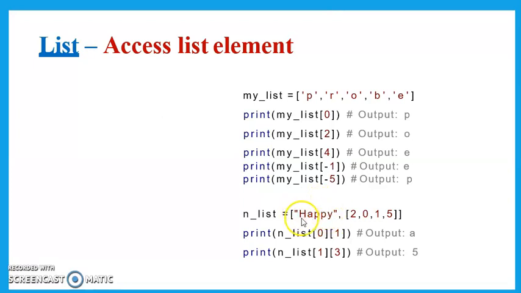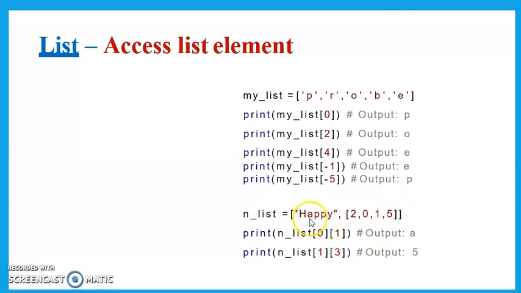Happy is the first element of n_list. In this Happy, there are 5 characters. So the first character index is 0, second one 1, A is under index 1, P 2, P 3, Y 4. So the entire string is at the 0th index, and 2015 is available at the first index.